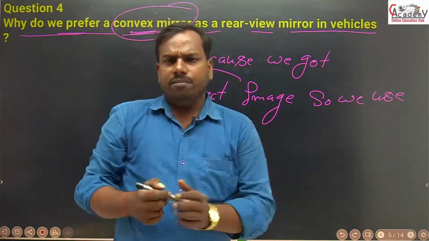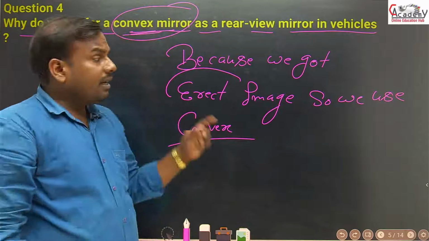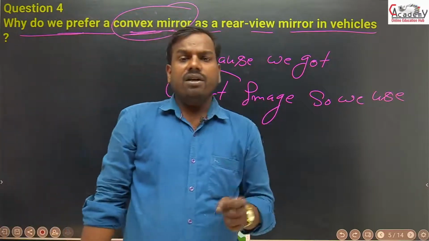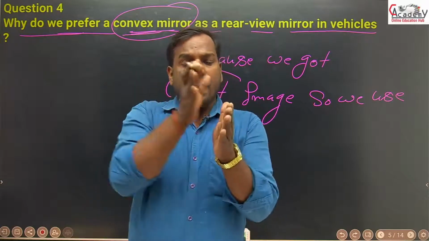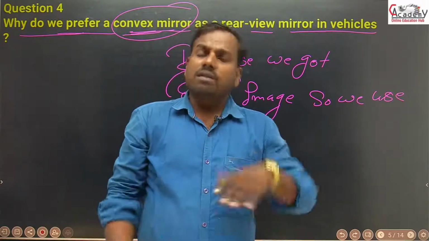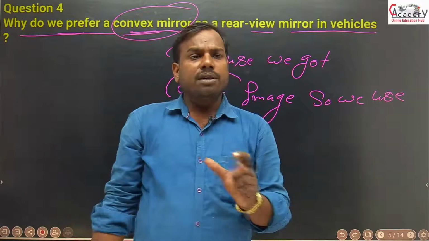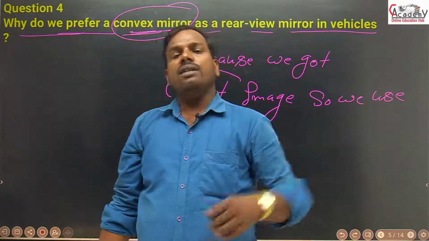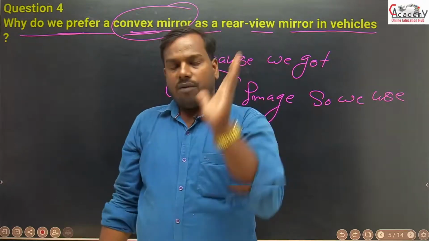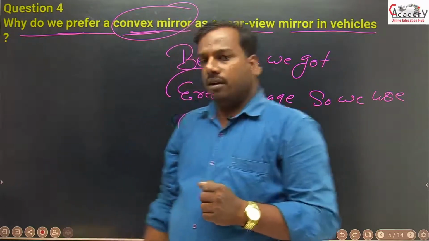But you know that in a concave mirror, in one condition we also get an erect image, when the object is very close. But when the object is placed behind the center of curvature, then we always get a vertically opposite image.